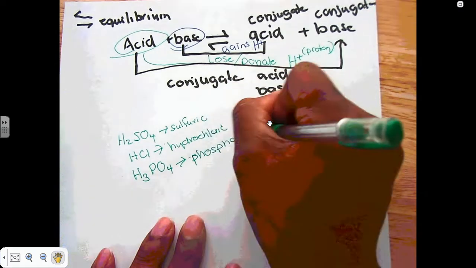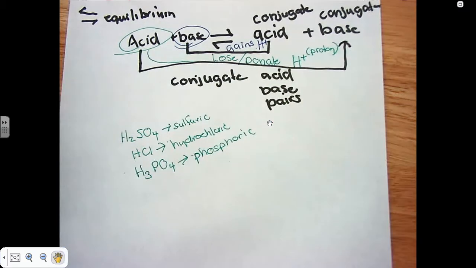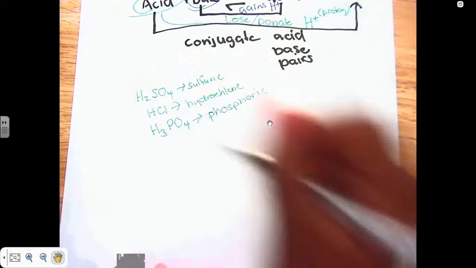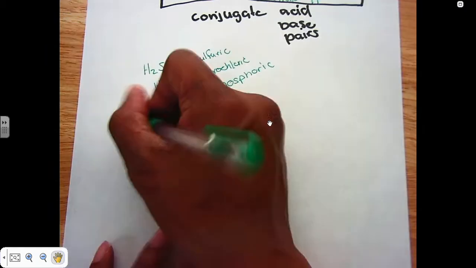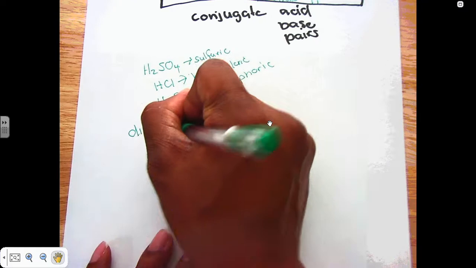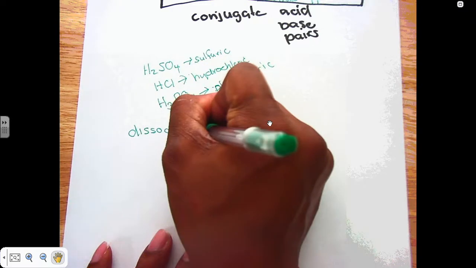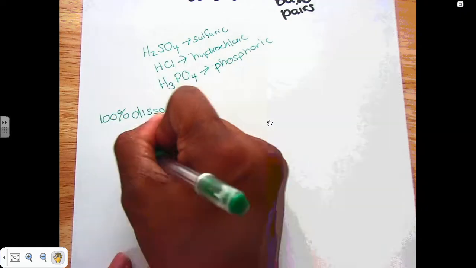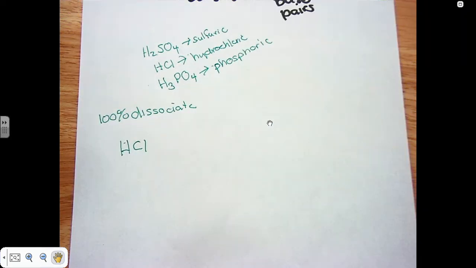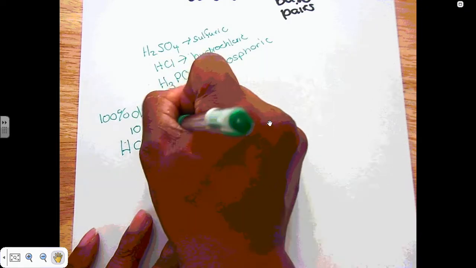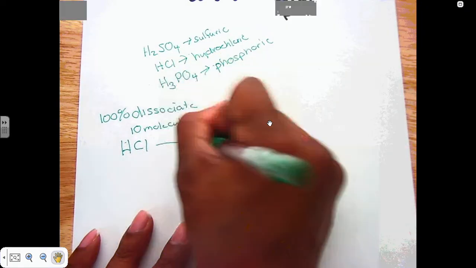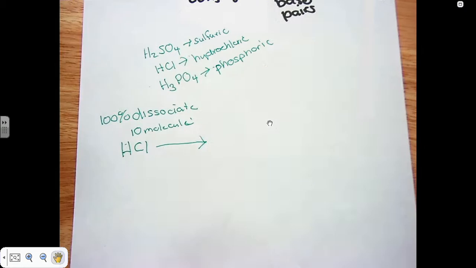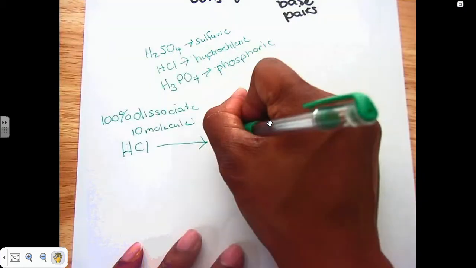They are strong acids. And here's the thing. With a strong acid, what makes it a strong acid is its ability to completely dissociate. And you see that word dissociate, and you're like, well, what does he mean by dissociate? Well, it means this. If I took a compound like HCl, hydrochloric acid, and let's say I had fictitiously 10 molecules of it, when that molecule breaks down and dissociates, you're going to end up with 10 of these.